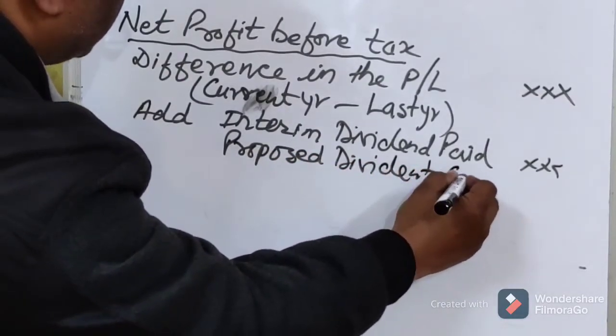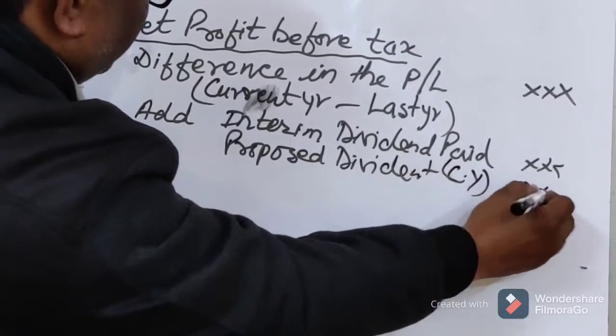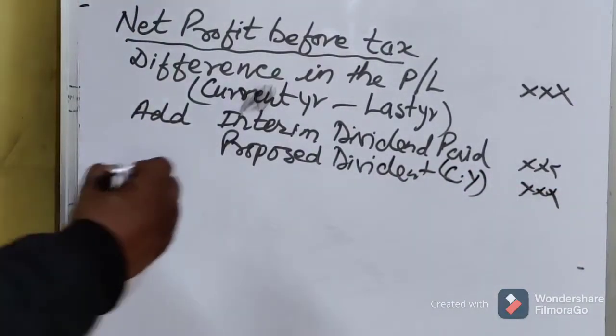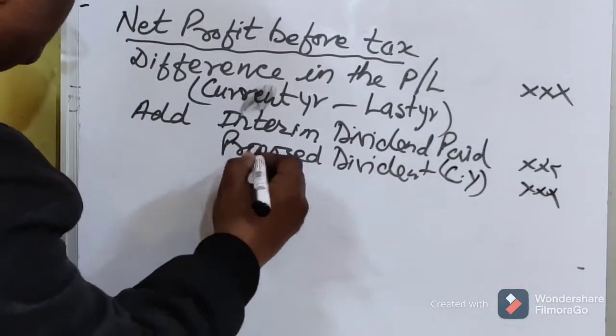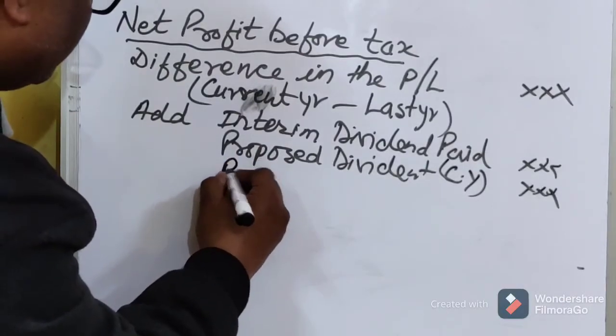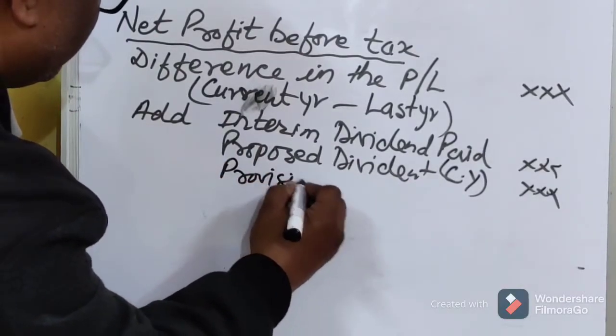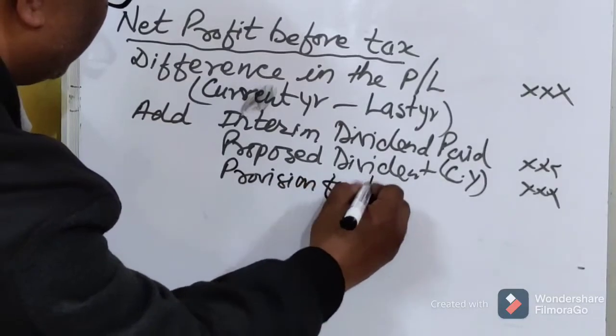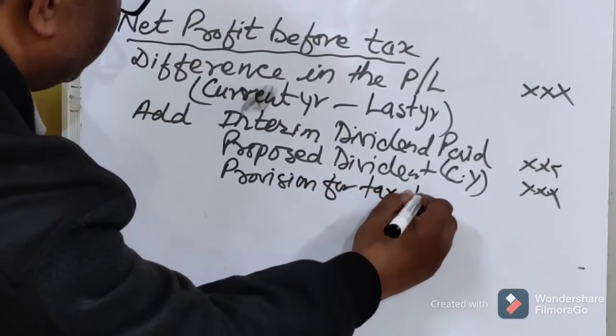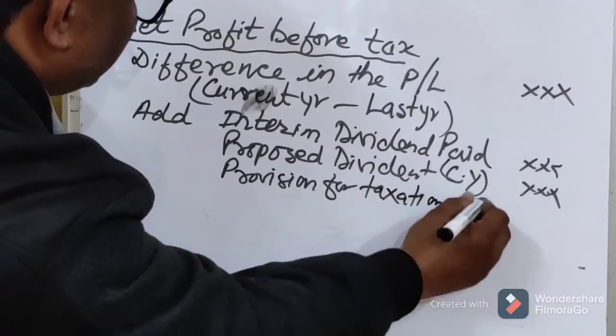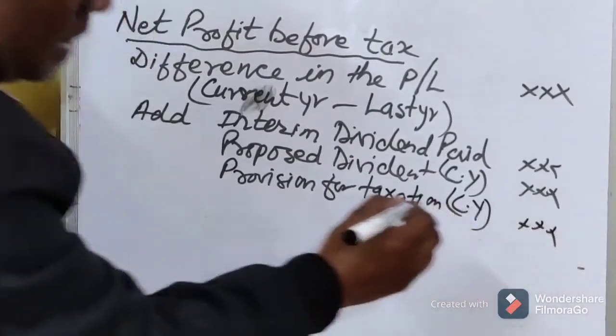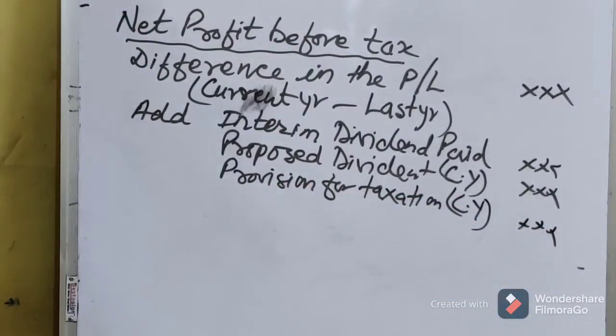This proposed dividend is for the current year, CY is the current year. Then provision for taxation, made during the current year.